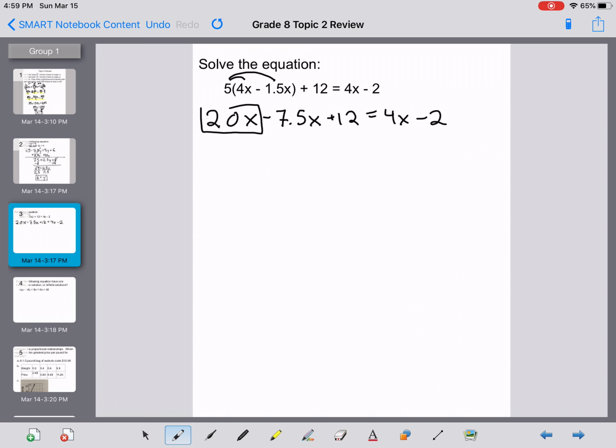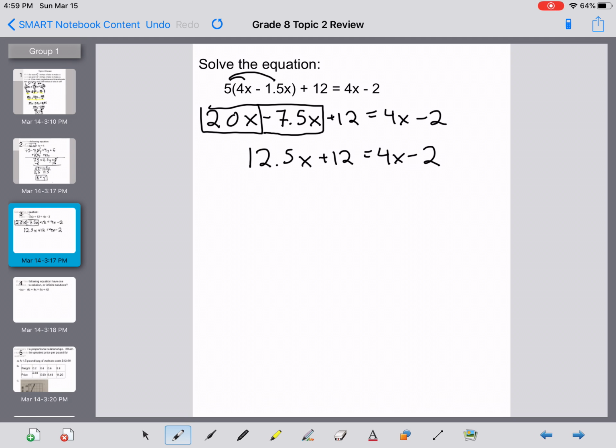Again, I'm going to combine my like terms. 20x minus 7.5x is 12.5x plus 12 equals 4x minus 2. Now I combined all my like terms on the left.